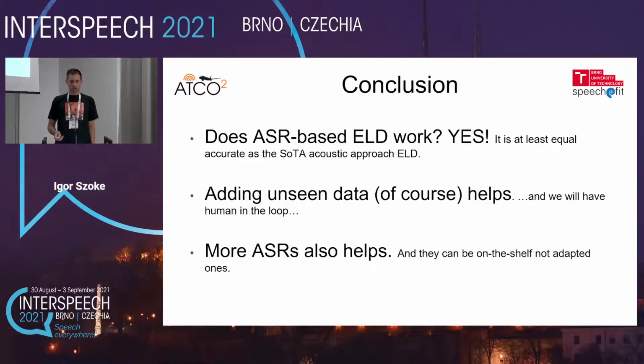So my conclusion: does the ASR-based English language detector work? Yes, it works. And I think it has at least the same accuracy as the state-of-the-art acoustic one, acoustic LID. Adding unseen data, of course, helps, which is good because we have a human in the loop. So when we collect some more data, we can readapt the systems and improve the accuracy.